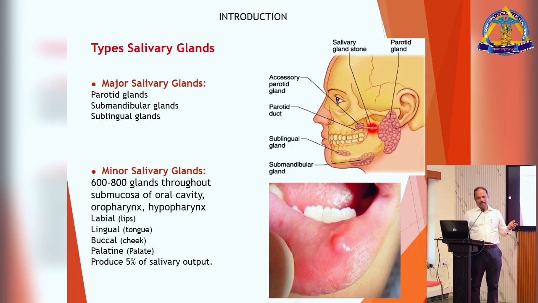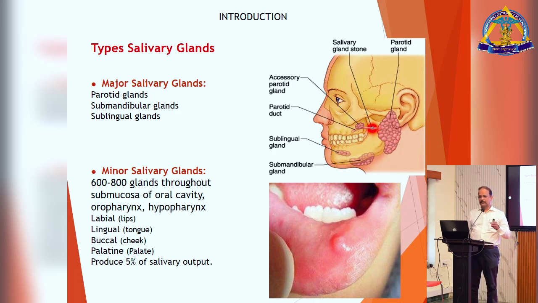All of us know there are major salivary glands and minor salivary glands. The major salivary glands are paired organs: parotid, submandibular and sublingual. The minor salivary glands number around 600 to 800. They are present in the mucosa of the oral cavity, oropharynx, hypopharynx, lip, buccal mucosa and palate.